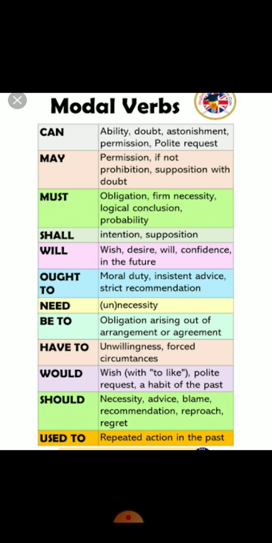That means there is no change of form according to the number or person in modal auxiliary, whereas in primary auxiliary its forms are changed according to the number or person of the subject.